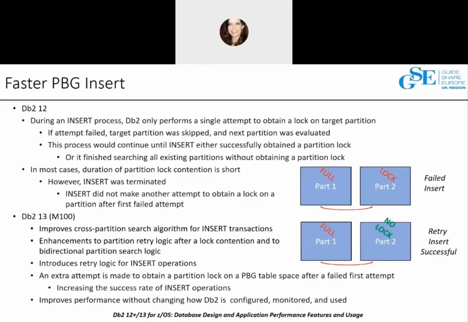Version 13 implements a retry logic for those partitions to try to retry those locks to get the insert performed, as well as do a bidirectional search to see if a partition is available that previously had not been available. So that should help improve our insert success rates.